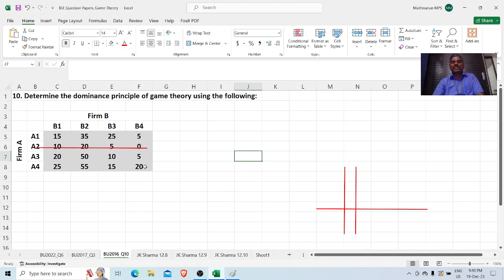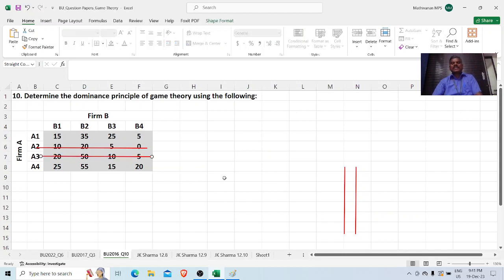When firm B uses the fourth strategy, again A4 gives better gains for firm A. Clearly, A4 dominates strategy A3 because under all different strategies by firm B, strategy A4 gives more gains for firm A. That is, strategy 4 dominates strategy 3. Therefore, we will strike off the third strategy of firm A.